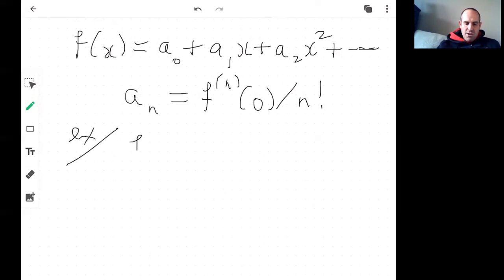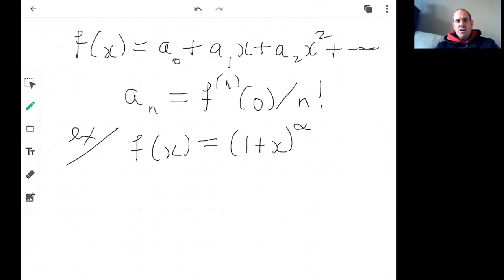So what if f of x were 1 plus x raised to the alpha, where alpha is not necessarily an integer, okay? If I wanted to represent this as a power series, what would I have to do?